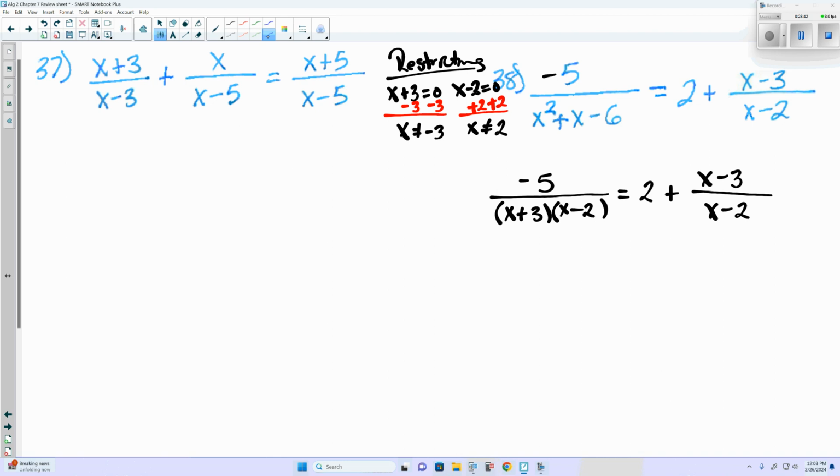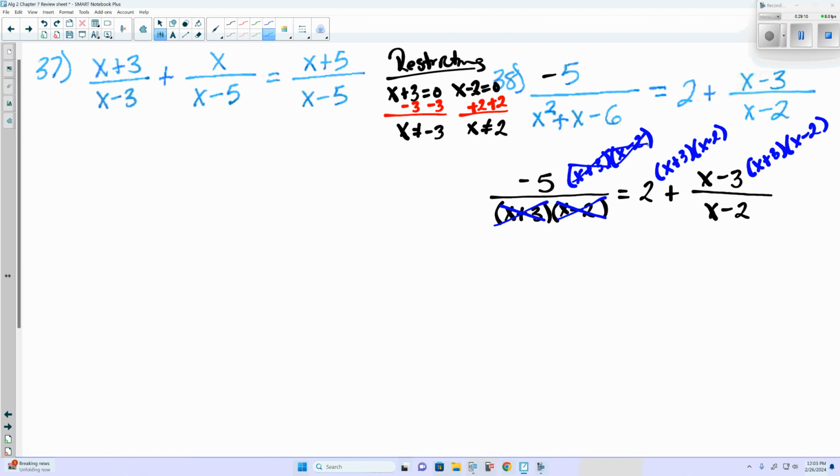Now at this point here, we can start solving. So we're going to have to multiply the whole equation by x plus 3 and x minus 2. Now the one on the far left, the x plus 3 and x plus 3 would cancel. The x minus 2 and x minus 2 would cancel.